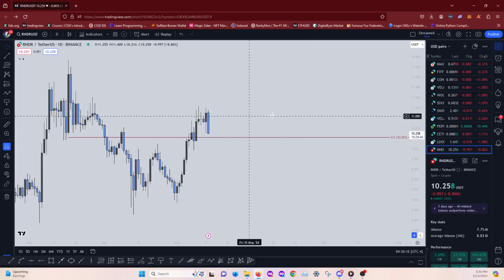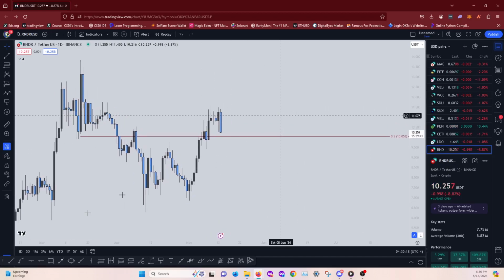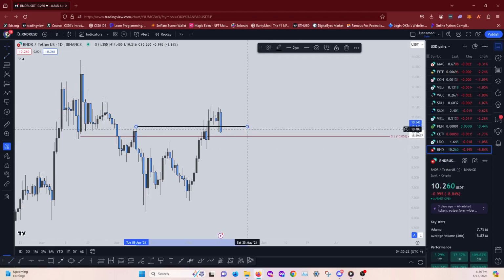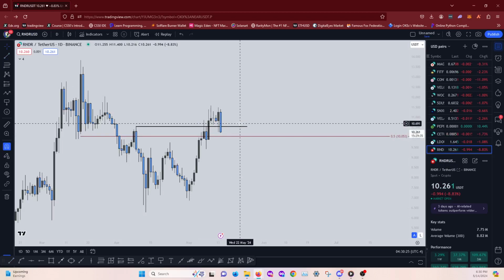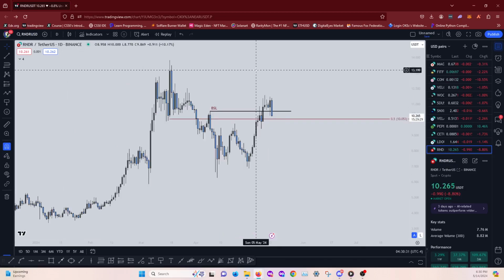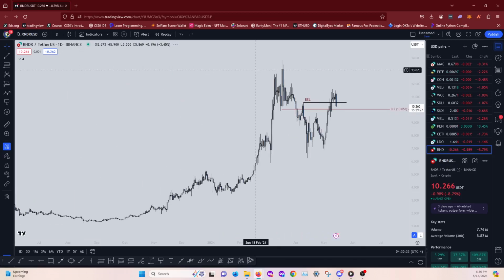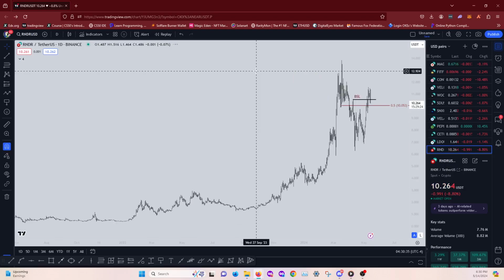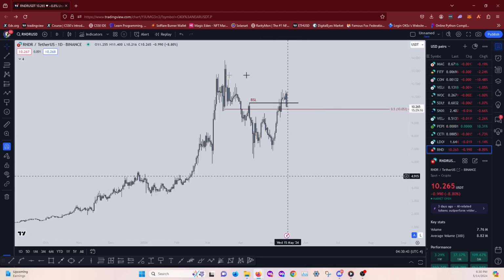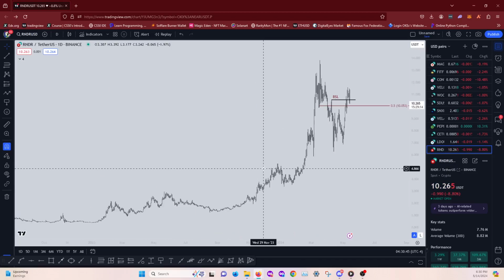We're seeing a reaction to the downside from premium. Obviously that's a bit of a buy side liquidity grab, internal range buy side. Another one looks like the beginning of a sell model.